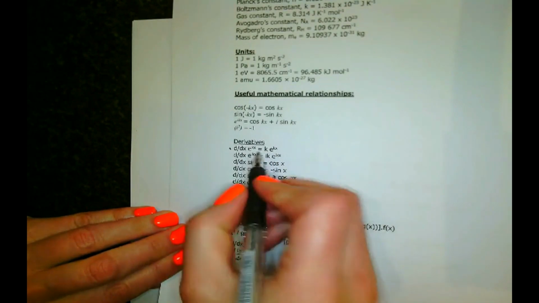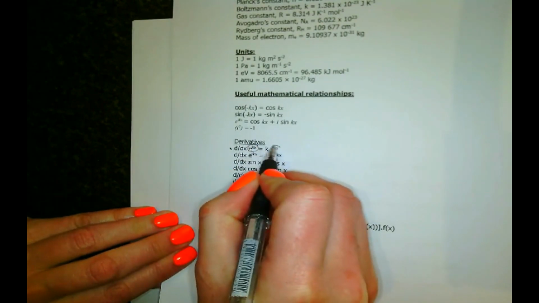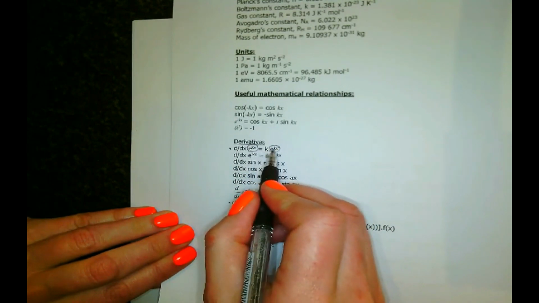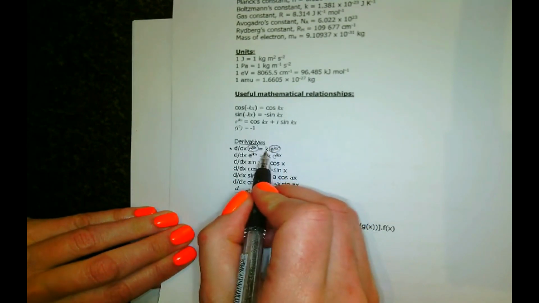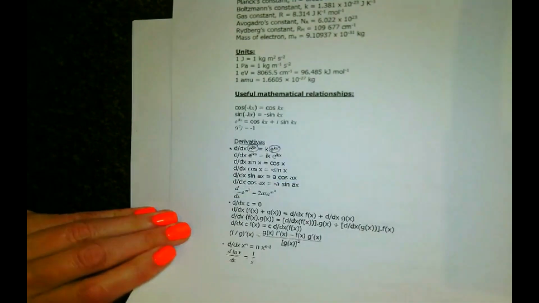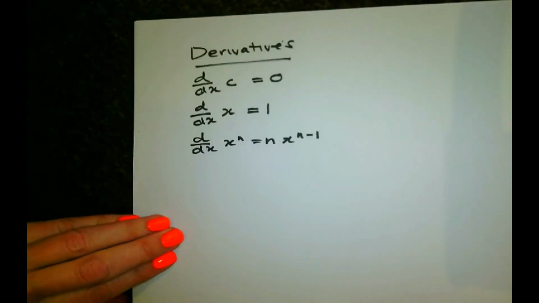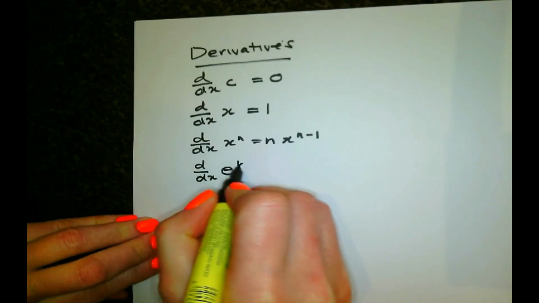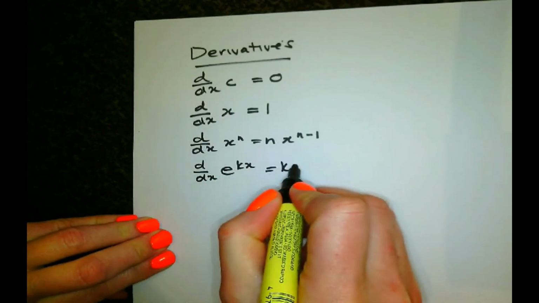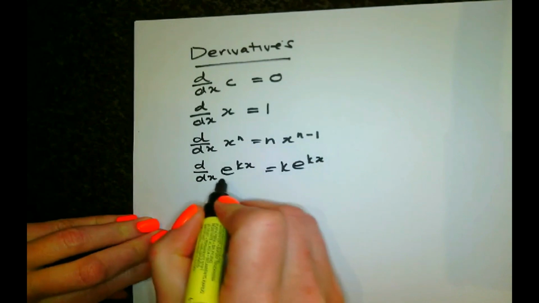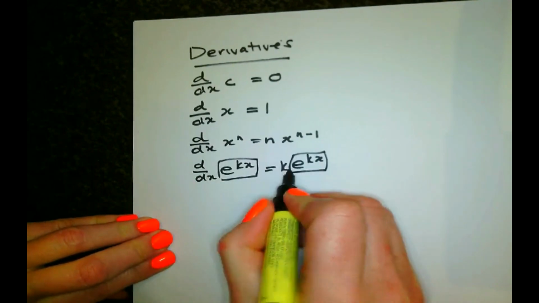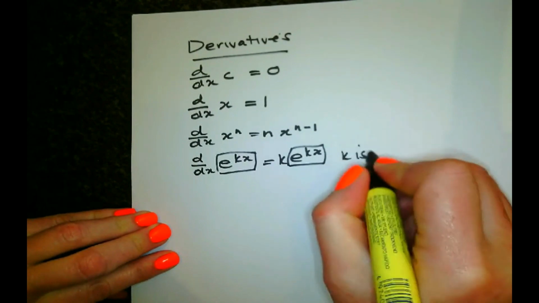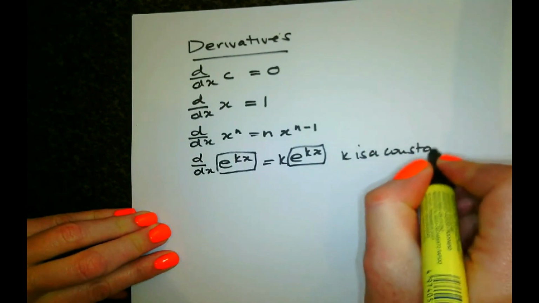So you have the function repeating, but you also multiply by the constant k in the function. So let's look at that one. d/dx e to the kx is k e to the kx. So that function times the constant. So k is a constant.